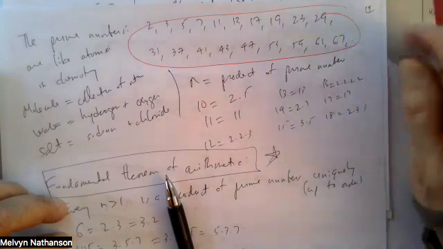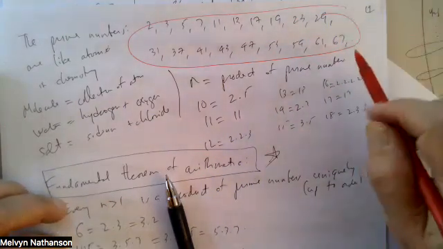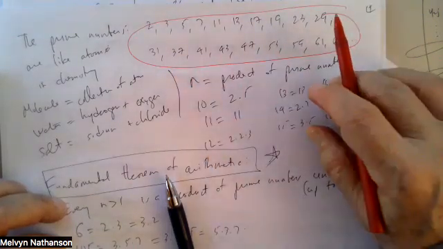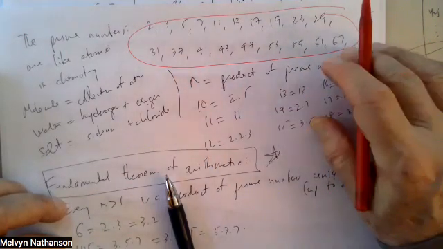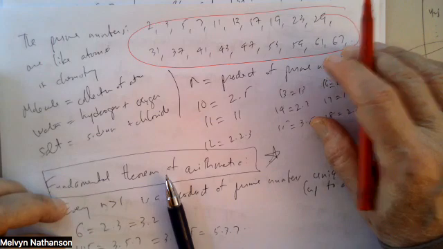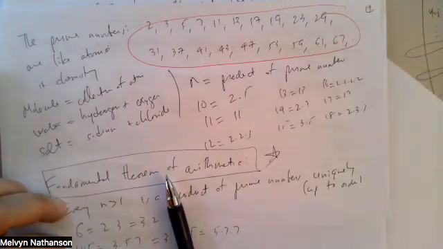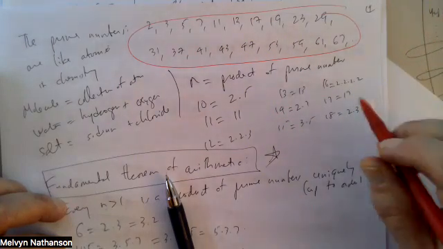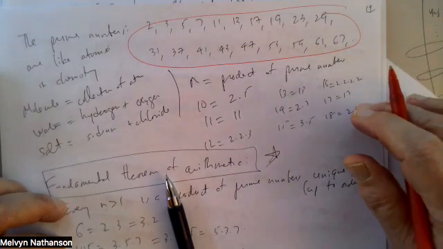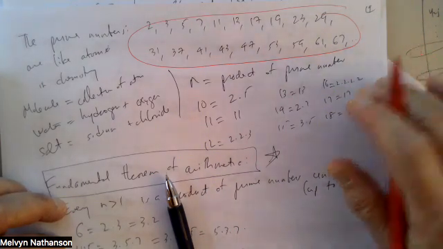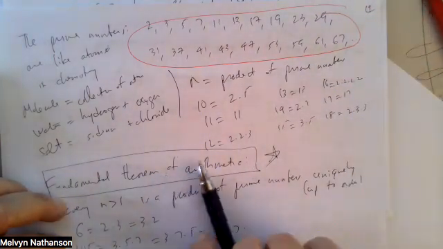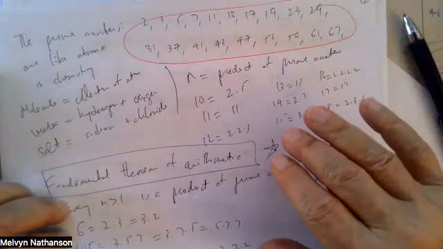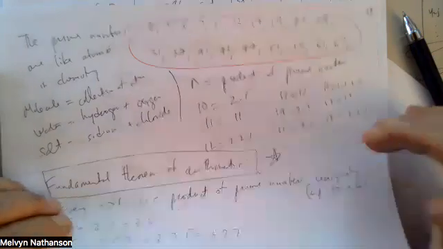If you start looking at primes, here there are a lot of primes between 2 and 67. But if you go, let's say, from 1 million to 2 million, there aren't that many primes. If you go from 100 million to 100 million plus 1 million, there are even fewer primes. And it's quite reasonable to think that at some point, there are no more primes. You've run out of all the primes.